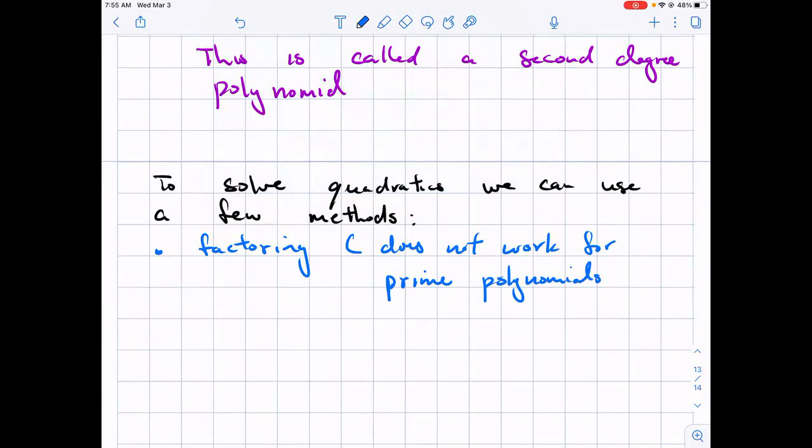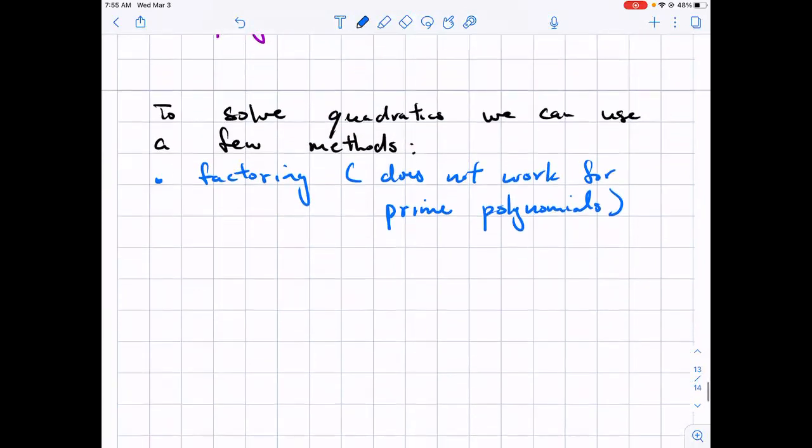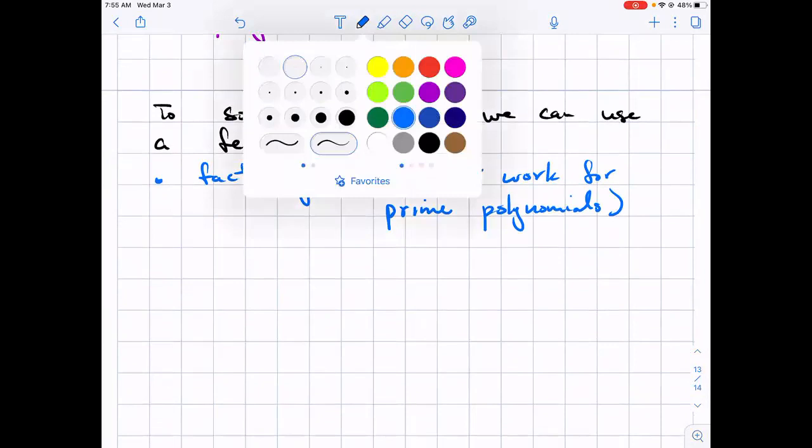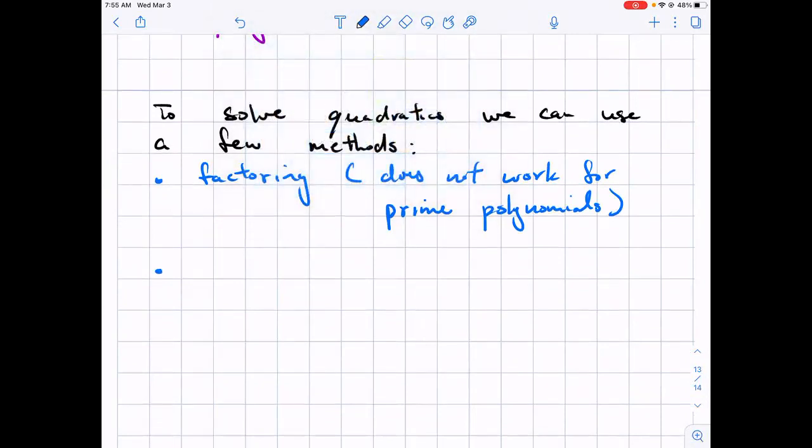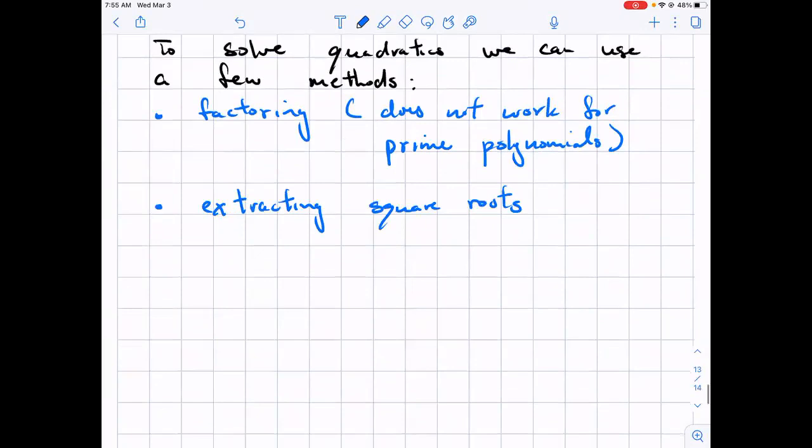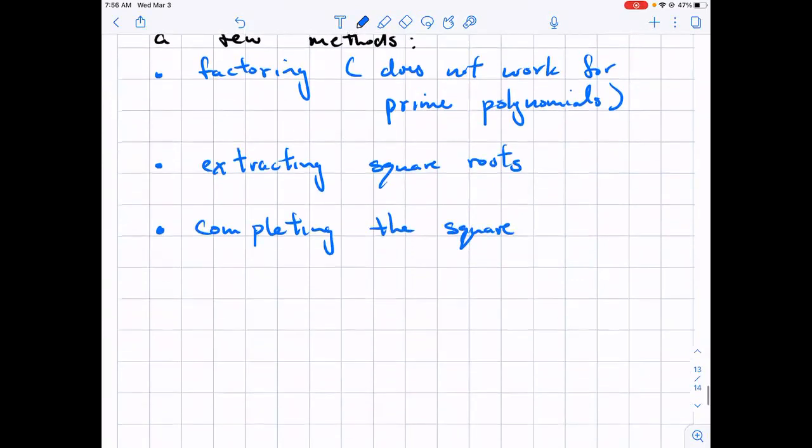Okay? Meaning it doesn't always work. Then we have what is called extracting square roots. I don't think this is a method, but I'll try. Yeah. And the two that are 100% works is completing the square and probably your favorite, the quadratic formula.